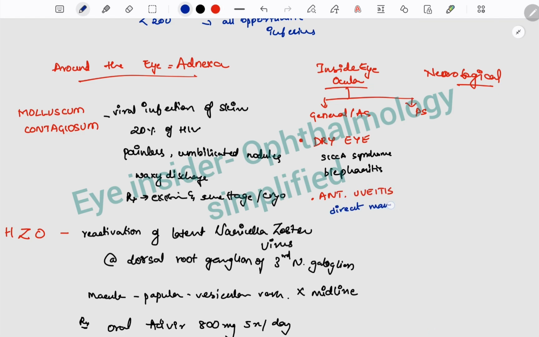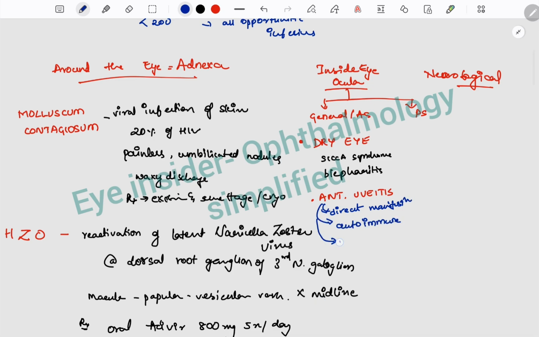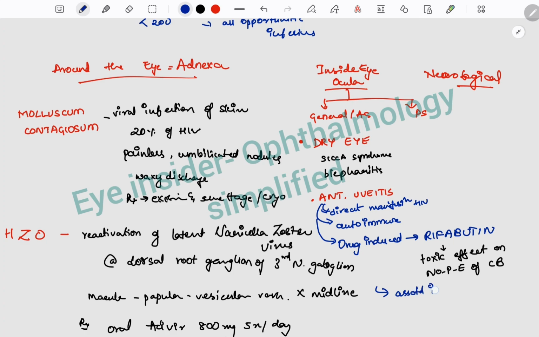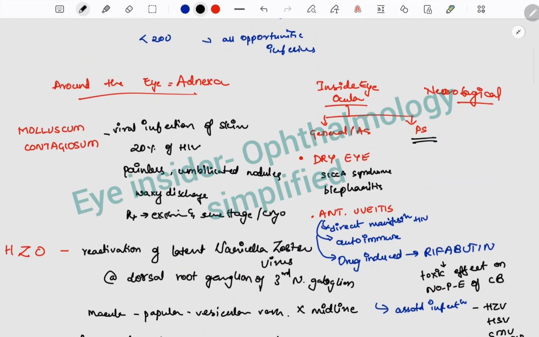The etiology can be a direct manifestation of the AIDS disease, or an autoimmune reaction to the disease, and it can also be drug induced, because of rifabutin. It has a toxic effect on the non-pigmented epithelium of the ciliary body, which causes anterior uveitis. It can also be due to associated infections with either HZV, HSV, cytomegalovirus, and syphilis.